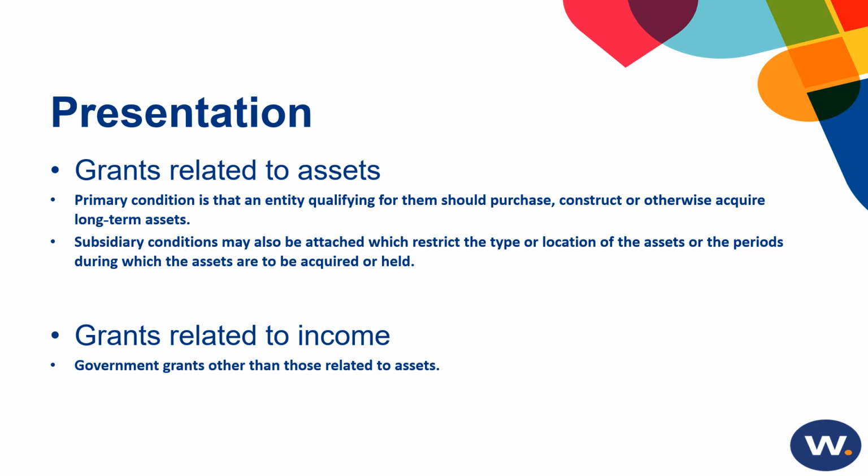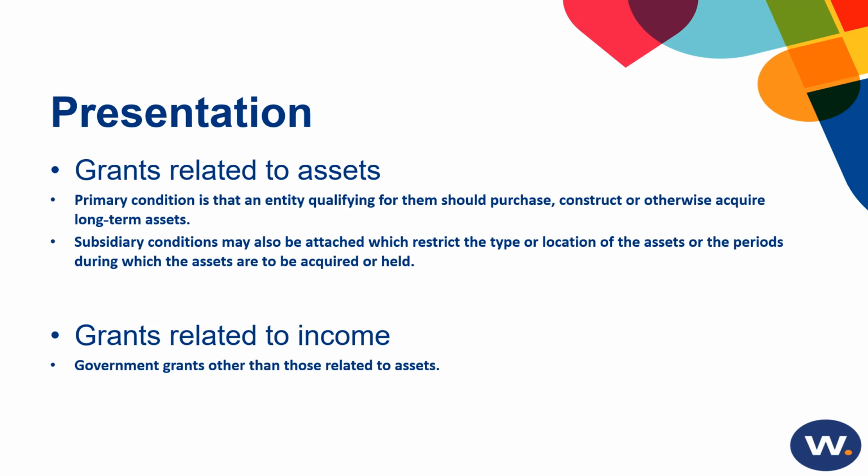Both methods are acceptable in terms of the standard. The entity should just clarify which method they've selected and ensure that presentation is clear for users to understand which amount relates to the government grant versus which amount relates to the expense.